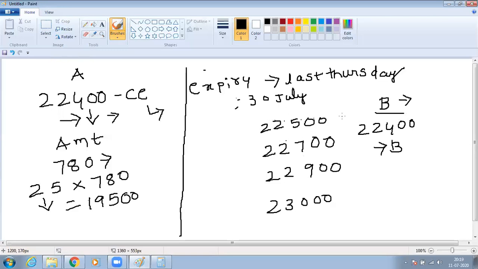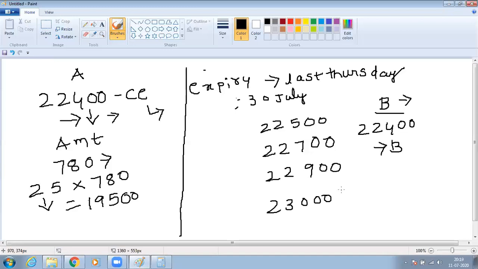Call option means, when you buy 22,400, even if it increases to 23,000, B is agreeing to sell at 22,400. Suppose you have bought 22,400 and it closed at 23,000 on expiry date.